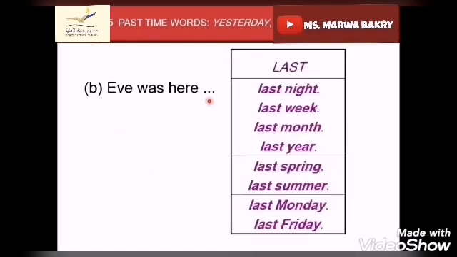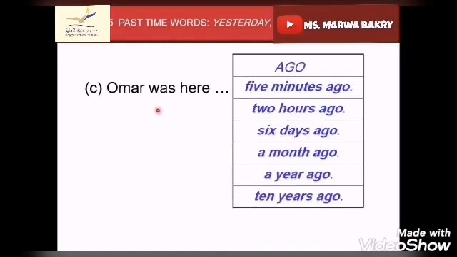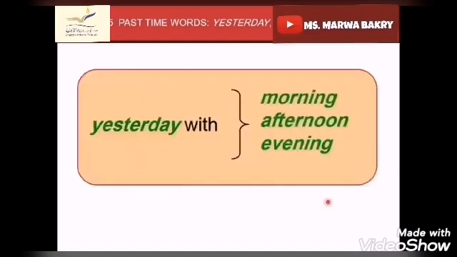Eve was here last night, last week, last month, last year, last spring, last summer, last Monday, last Friday. Homer was here 5 minutes ago, 2 hours ago, 6 days ago, a month ago, a year ago, 10 years ago.